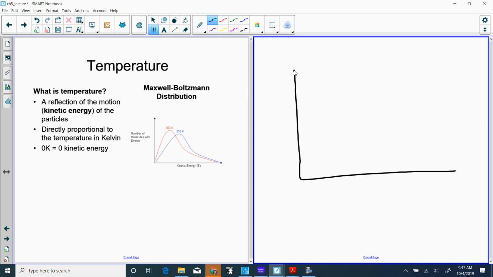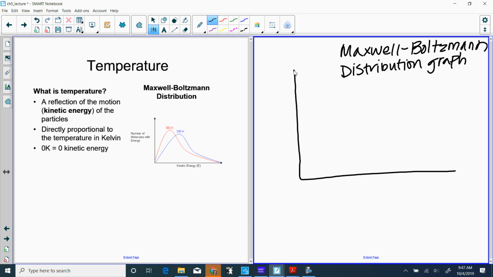Okay. We have to draw a graph. I am redrawing this graph because, to me, hot is red and blue is cold. Is that the same to you? They did it backward, and I can't think about it. So we are going to redraw this. This is called the Maxwell-Boltzmann distribution graph.